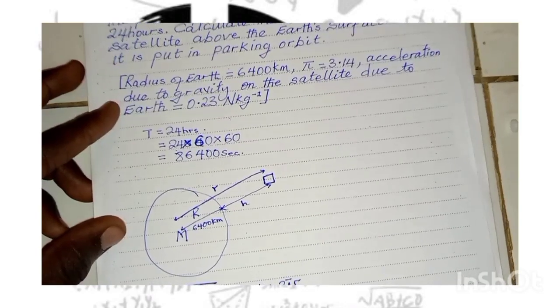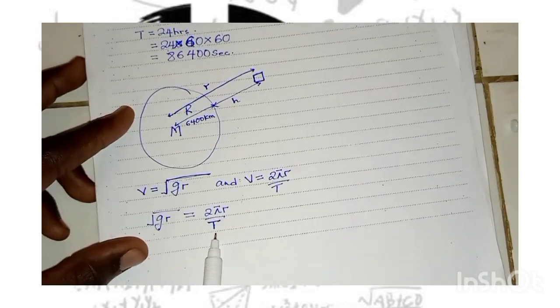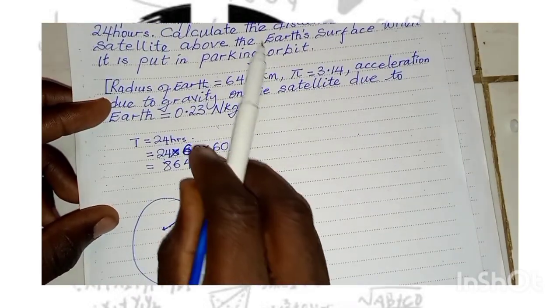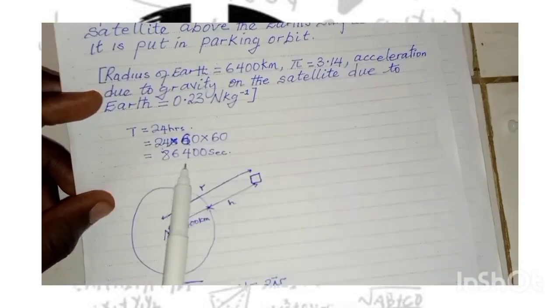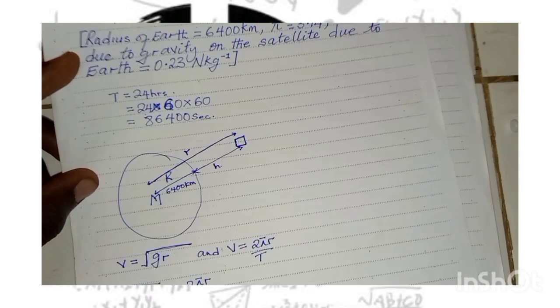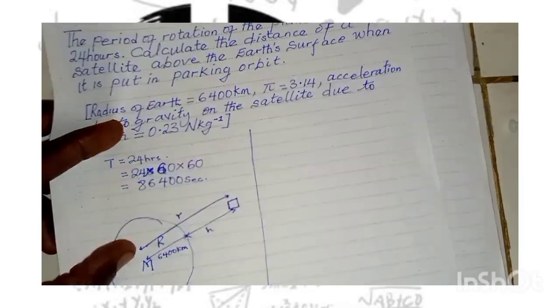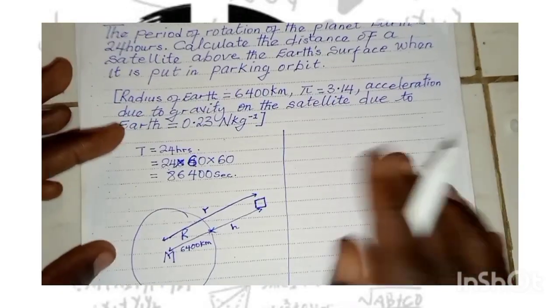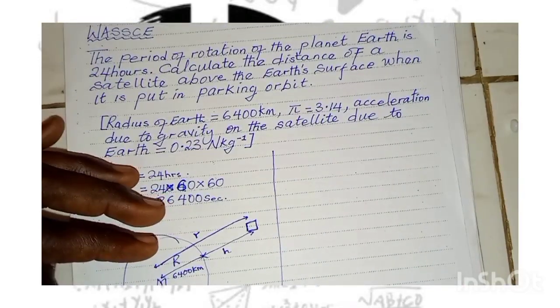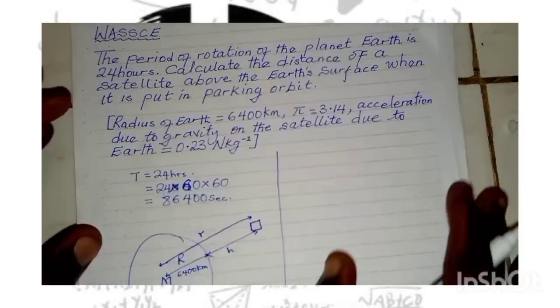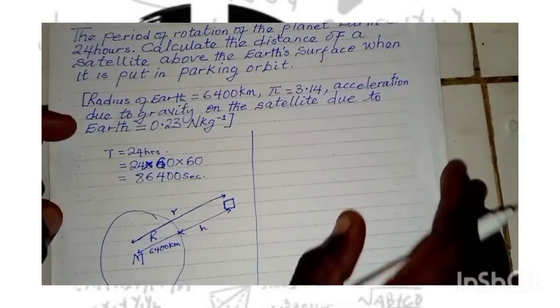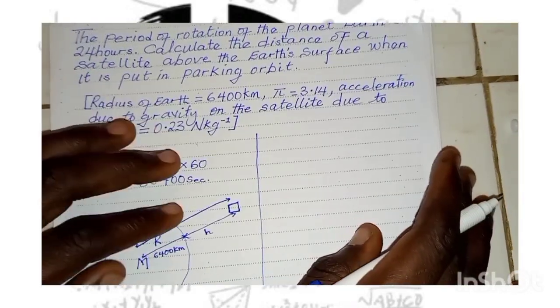We are also given the period of rotation of the Earth, 24 hours, which we already converted to seconds, and we are also given the value of pi. So the only thing we don't know is r. We make r the subject of the formula first, then we substitute directly so it can make things easier for us.